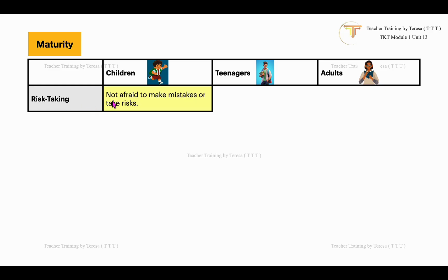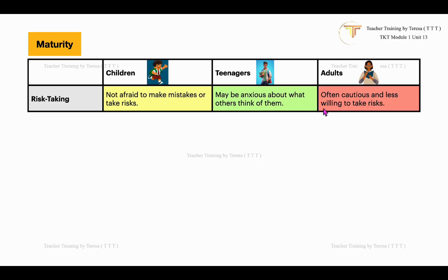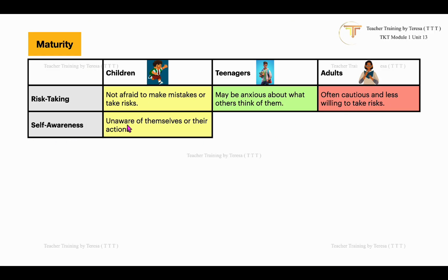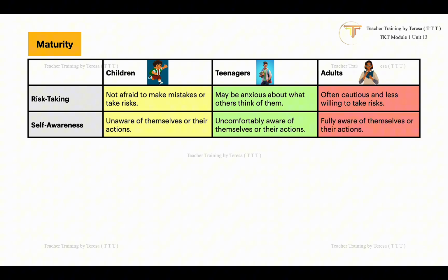Risk-taking: children are not afraid to make mistakes or take risks; teenagers may be anxious about what others think of them; adults are often cautious, and less willing to take risks. Self-awareness: children are unaware of themselves or their actions; teenagers are uncomfortably aware of themselves or their actions; adults are fully aware of themselves or their actions.